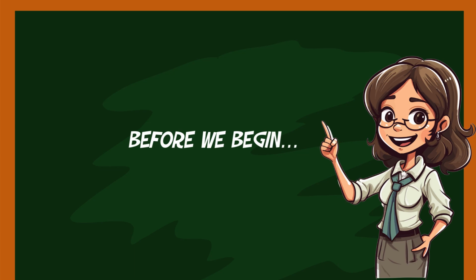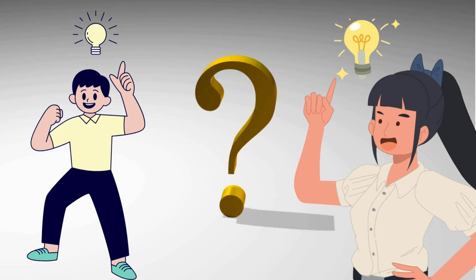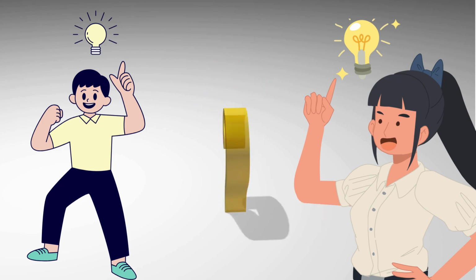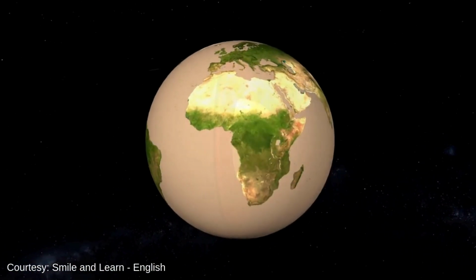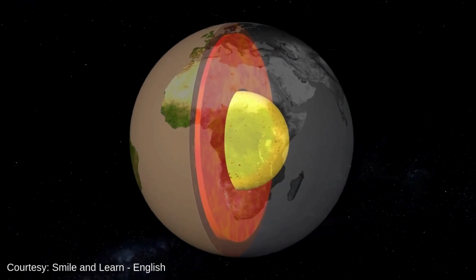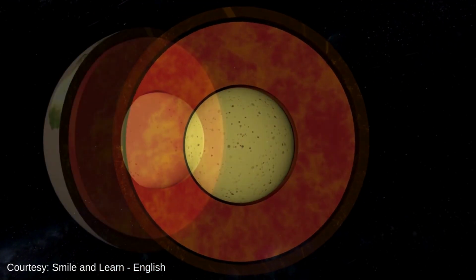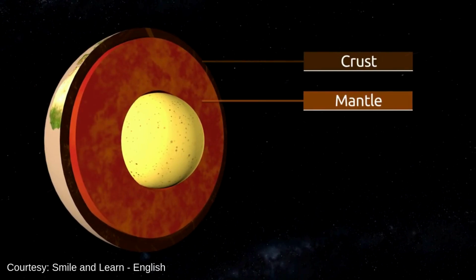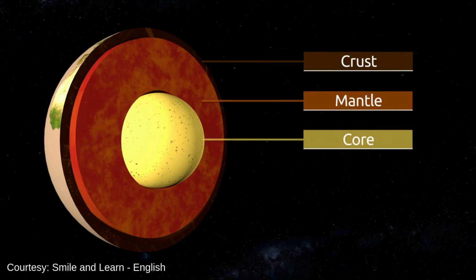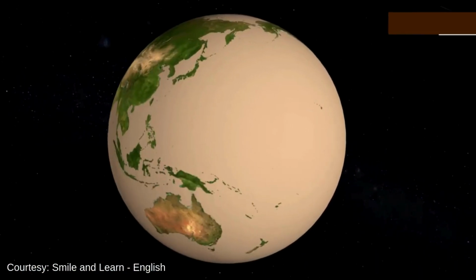Before we move forward, can you share what we discussed in our previous lesson? Excellent! We talked about the layers of the Earth. We learned that the Earth is made up of 4 main layers: the crust, mantle, outer core, and inner core.